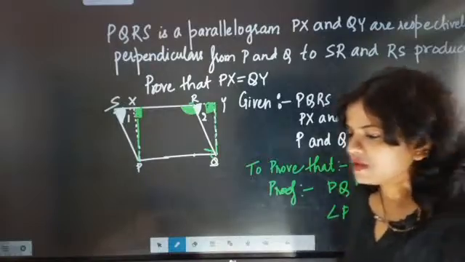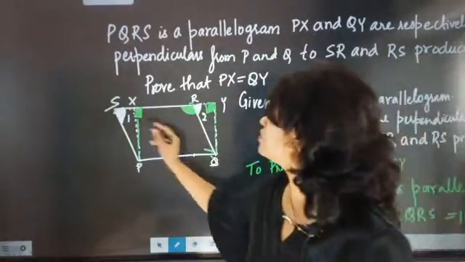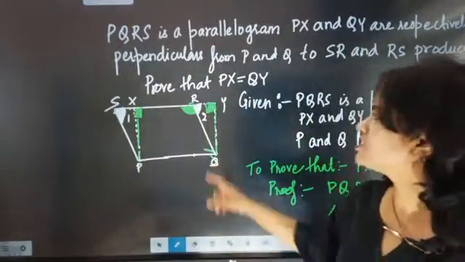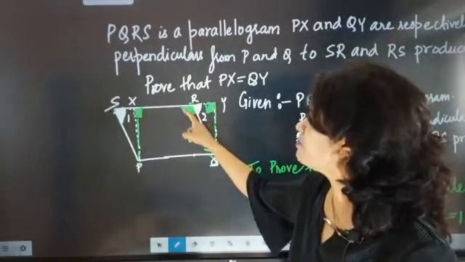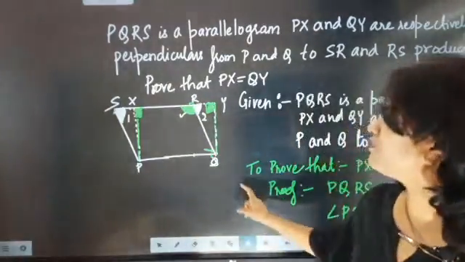Good morning Shika. For making angle 1 equal to angle 2, I just have to say that this angle plus this angle will become equal to 180 degree because it is a case of linear pair.